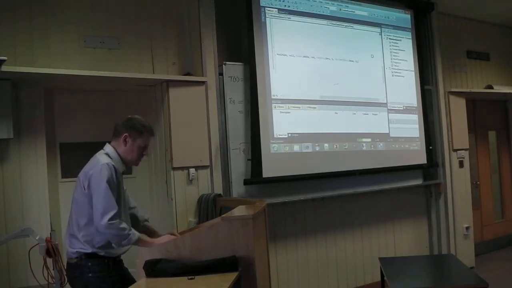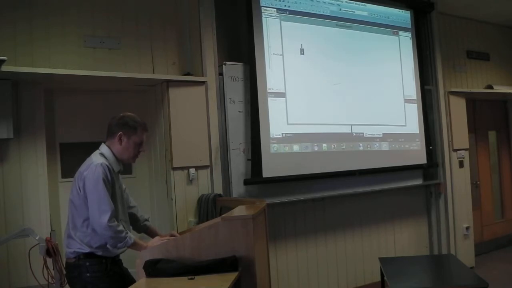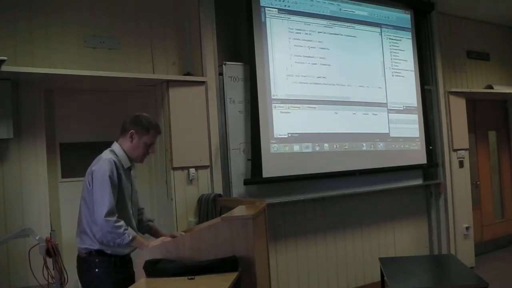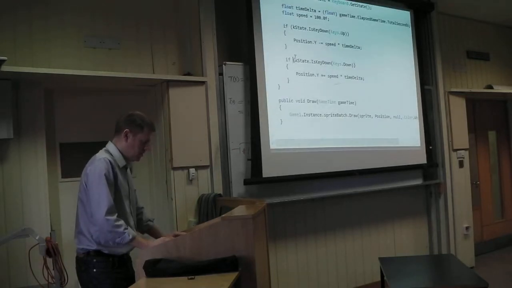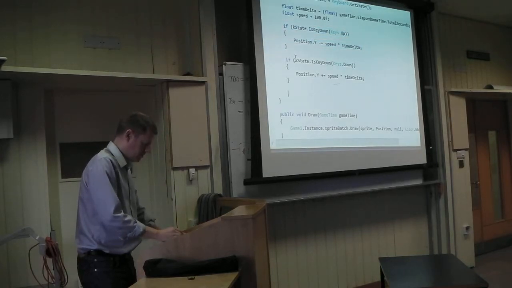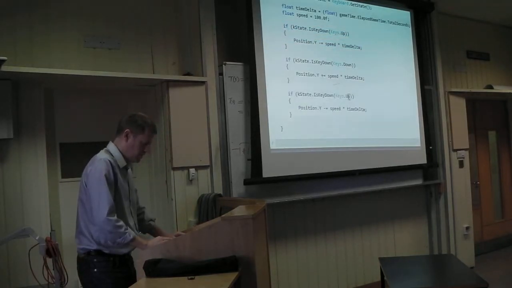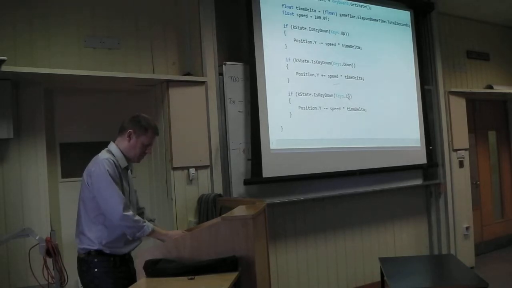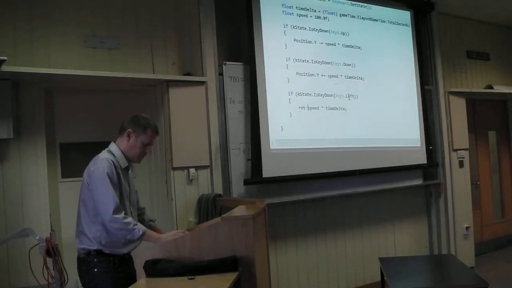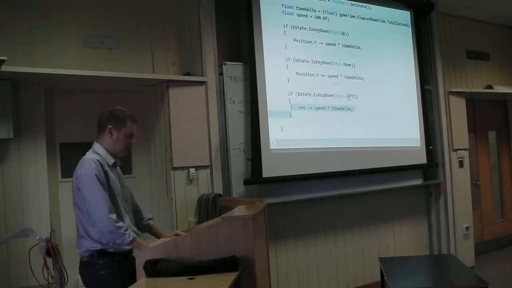Now, let's run this and see what happens. Oh, I haven't actually done any rotation bits here. Let's put in some code to rotate this thing. So I'm going to copy one of these things here because I want it to rotate when I press the left and right arrows. So when I press the left, what I want to do is take something off rotation: minus equals speed multiplied by the time.